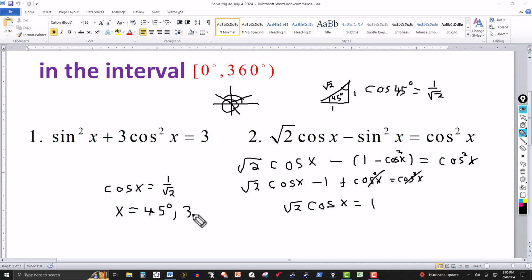So the two angles in the interval from 0 to 360 that satisfy this equation are 45 degrees and 315 degrees. If there's no restriction, it's infinite. I would just add a multiple of the period for the function of cosine, which is 2 pi, or 360 if you're dealing with degrees, which we are here. So the only two solutions are x equal to 45 degrees and x equal to 315 degrees in this particular interval.